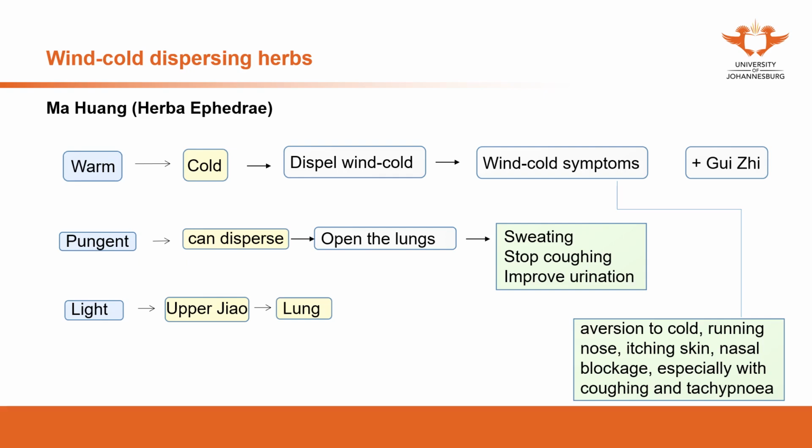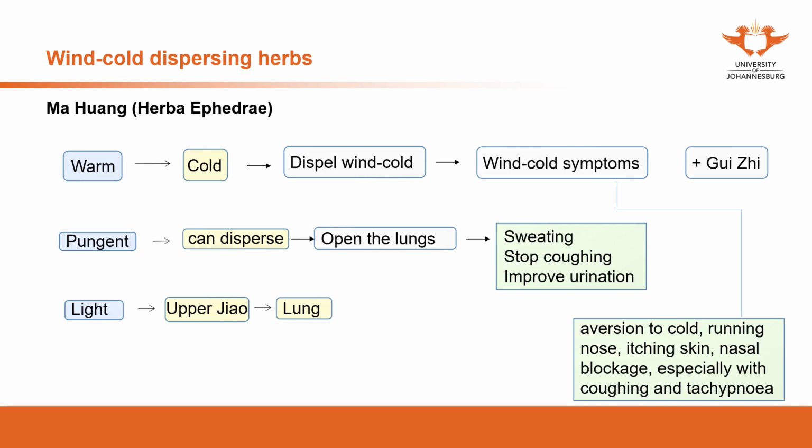Mahuang is pungent, can open the lungs, and can cause sweating and improve urination. Sweating and increased urination may relieve the water retention in the body. That's how it helps with edema.